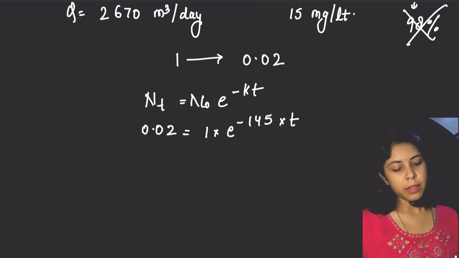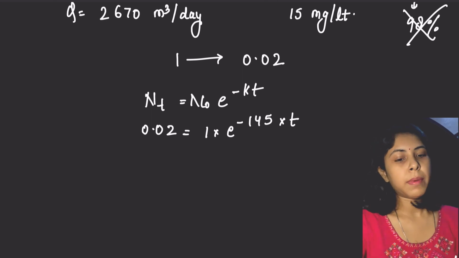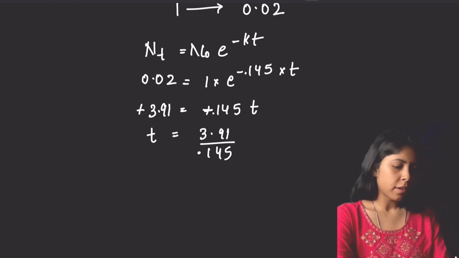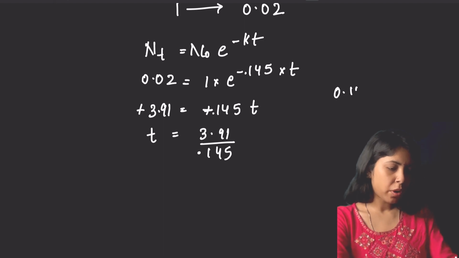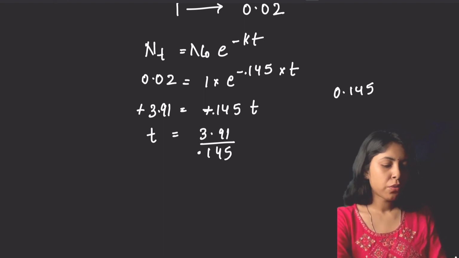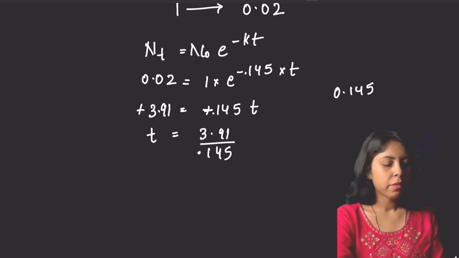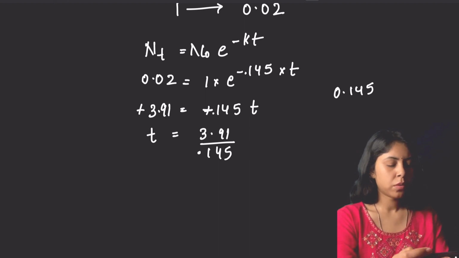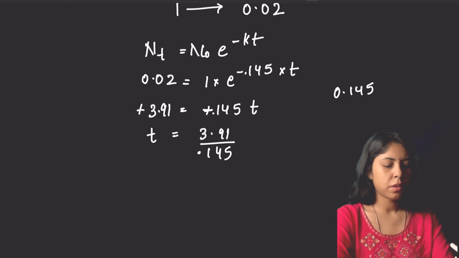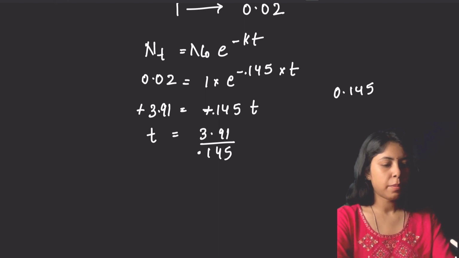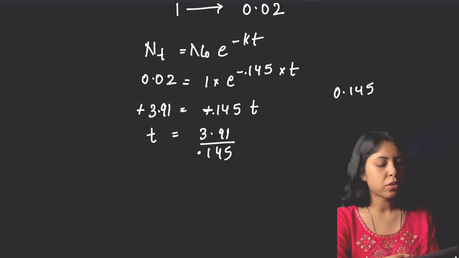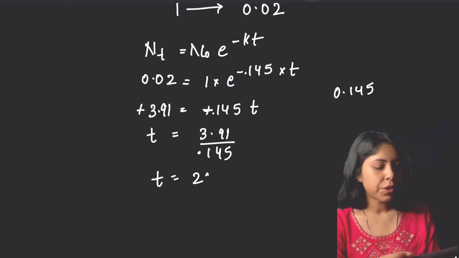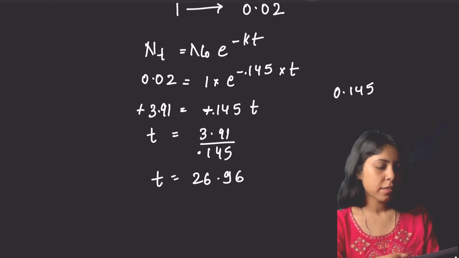Now if I take log on both sides, I'll get ln(0.02) as 3.91, so if we divide 3.91 by 0.145, that is actually time, which will be 26.96 minutes, right?